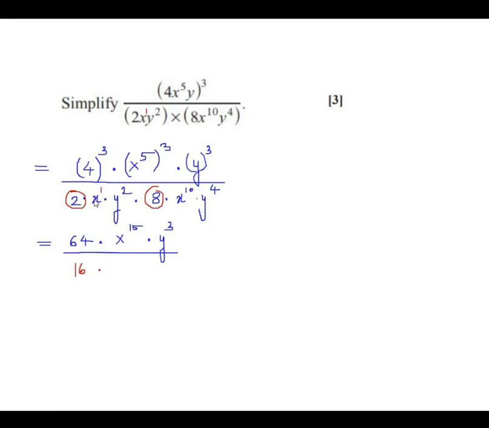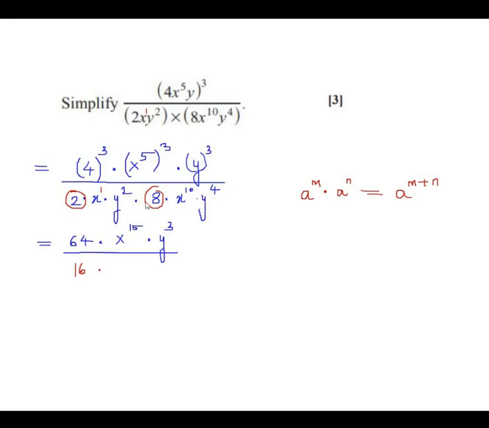Now x to the power of 1 times x to the power of 10. They both are like terms. Using the law of indices, we know that if a to the power of n is multiplied by a to the power of n, then we just add up the powers. a is called the base.